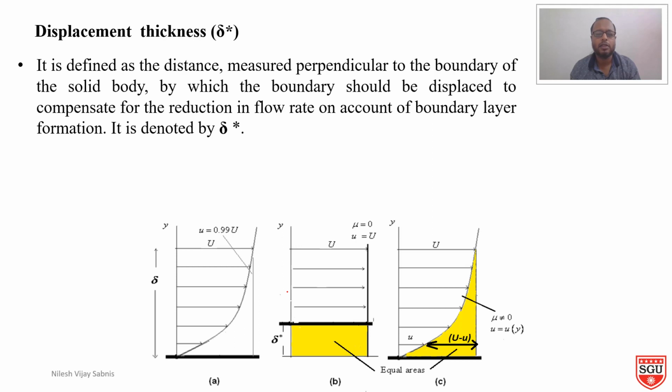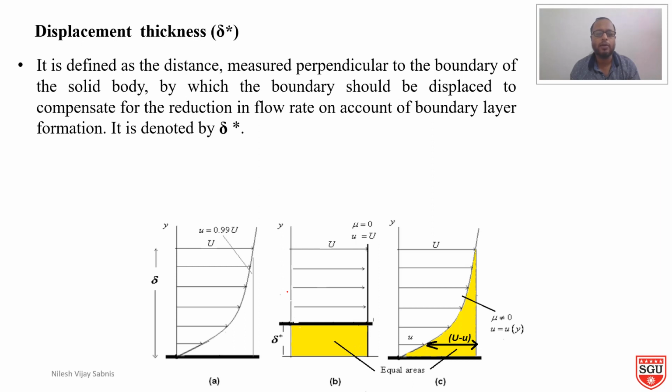It is defined as the distance measured perpendicular to the boundary of a solid body by which the boundary should be displaced to compensate for the reduction in the flow rate on account of boundary layer formation, and it is denoted by delta star.